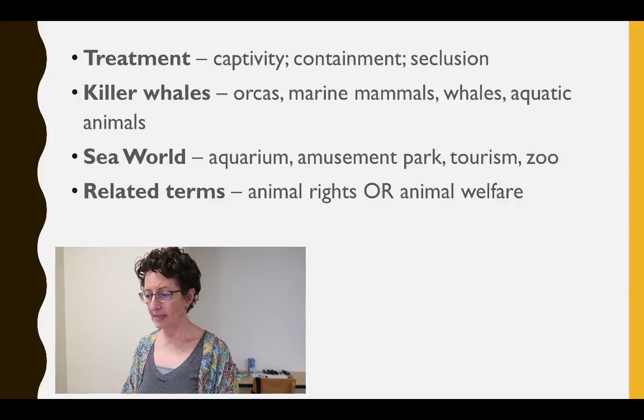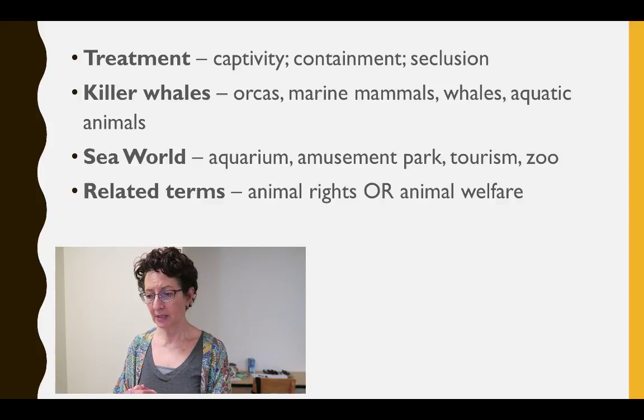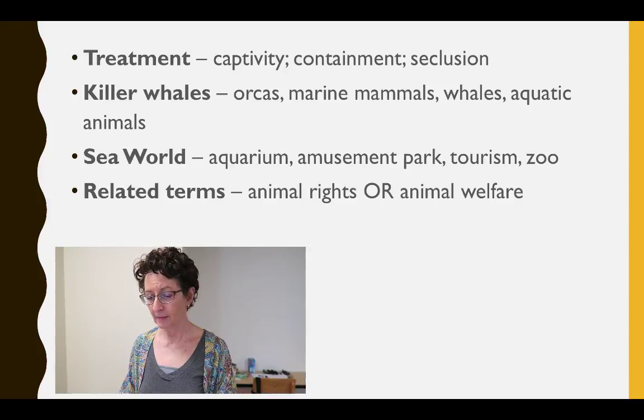Again, the related terms animal rights or animal welfare, if we include that, and notice that I have the OR, the capital O-R, in the related terms, which says return articles on either animal rights or animal welfare.